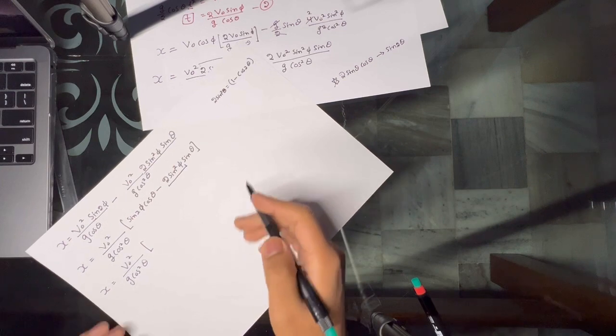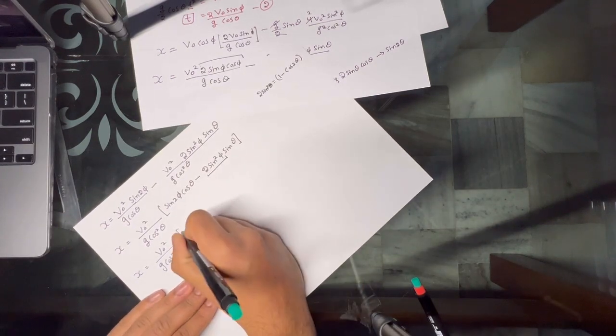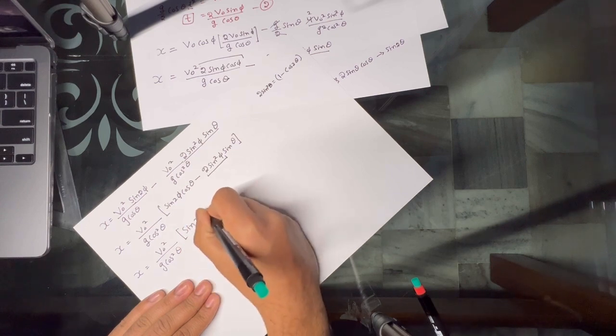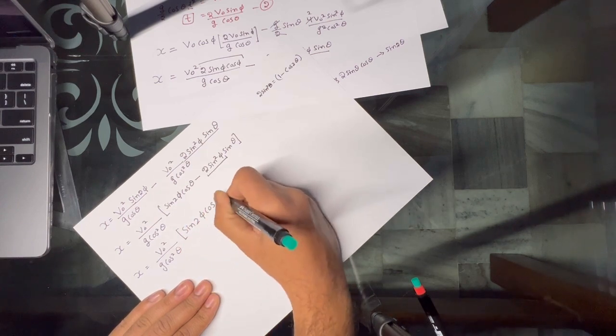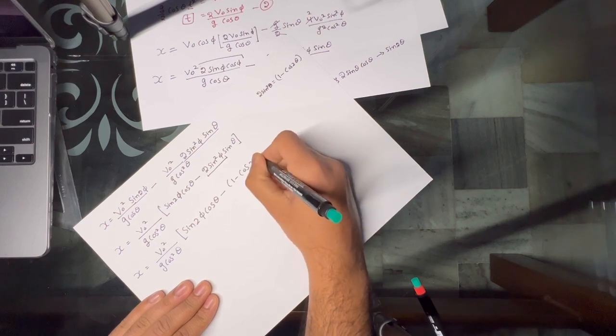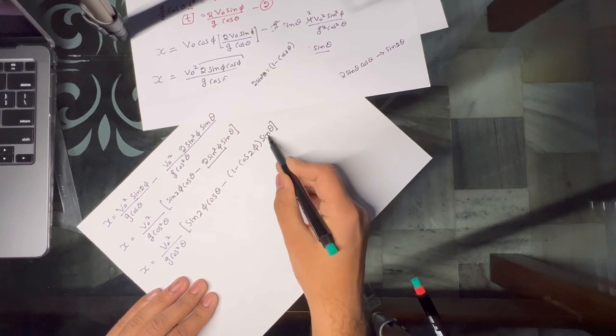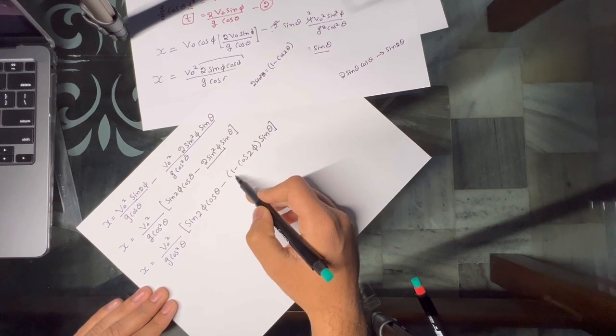Okay, so let's put that value of 2 sine square phi here. Sine 2 phi cos theta minus 1 minus cos 2 phi into sine theta. Now we will multiply sine theta with both of these.